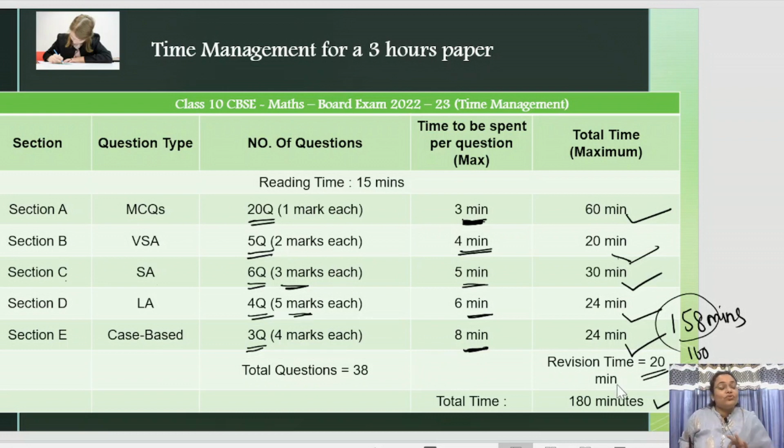Before submitting, do not forget to revise your paper. The revision time should always be 15 to 20 minutes before submitting. You have to recheck the paper for any missing questions or missing calculations. Revision time will definitely help you score that extra marks. Clear?